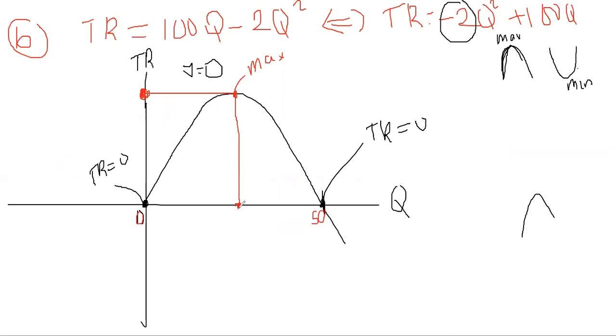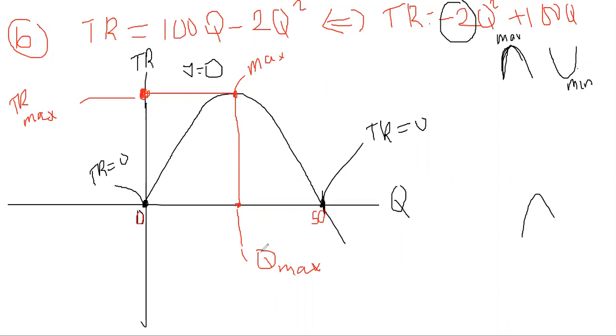So here is the maximum quantity. Normally I call it Q max. And here I normally call it total revenue max. So to find the maximum total revenue, first we have to find the quantity that maximizes the total revenue. And to do that is very simple.